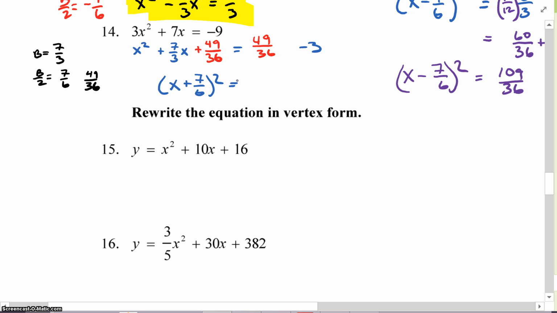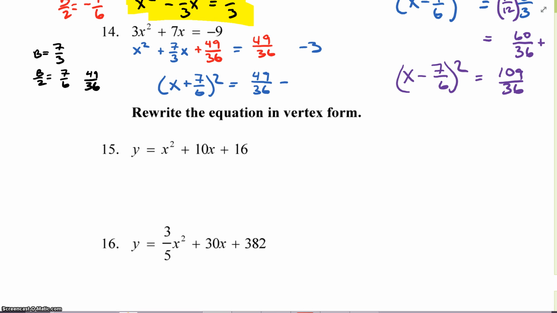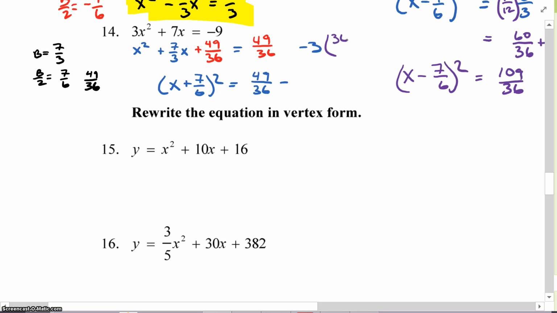My right side is going to be 49 over 36 minus 3, and to get that to be with a denominator of 36, multiply the top and bottom by 36, so that's going to be negative 108 over 36, which is going to give us negative 59 over 36.